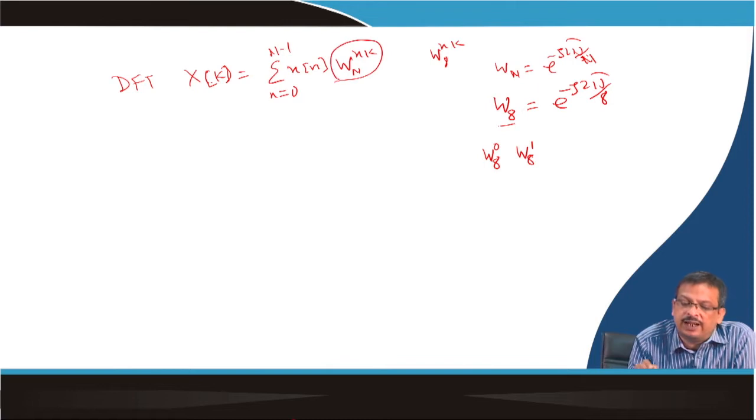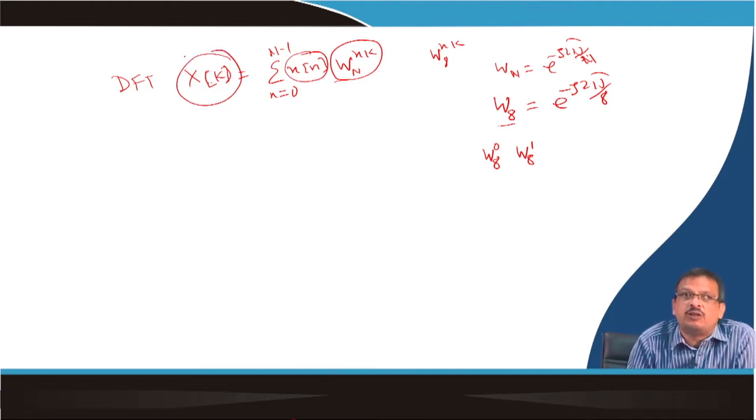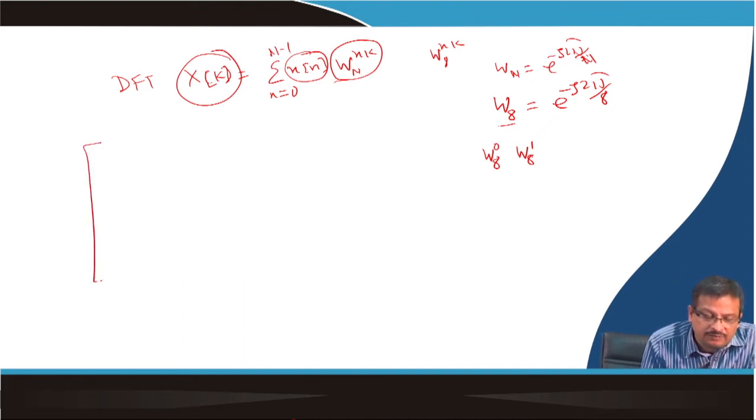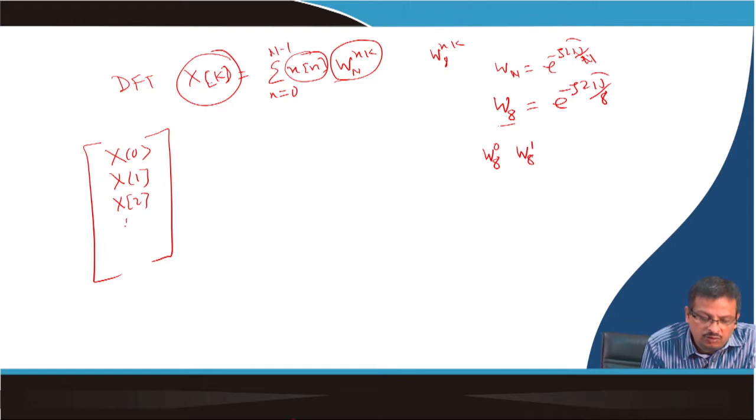W_N is nothing but a matrix. x of n is also a matrix and X of k is also a matrix. So let's say, what is the X of k matrix? This is nothing but X of 0, X of 1, X of 2, up to X of N minus 1.